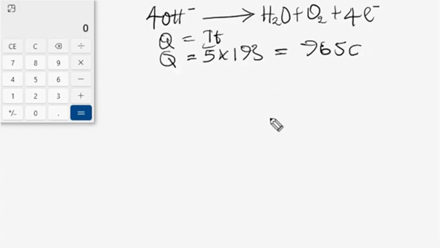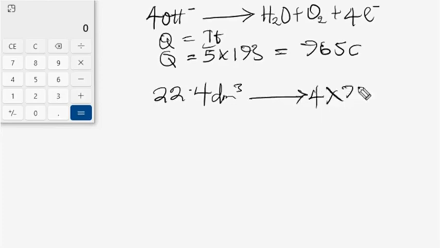Since the volume of gas at standard temperature and pressure is 22.4 dm cube, and we have 4 electrons here, it means that 22.4 dm cube will be 4 times the Faraday's constant, that's 96,500 coulombs.